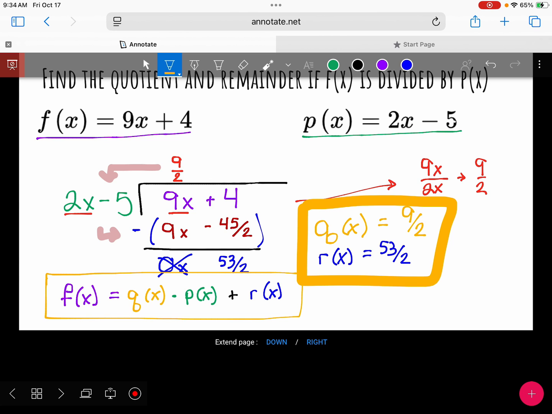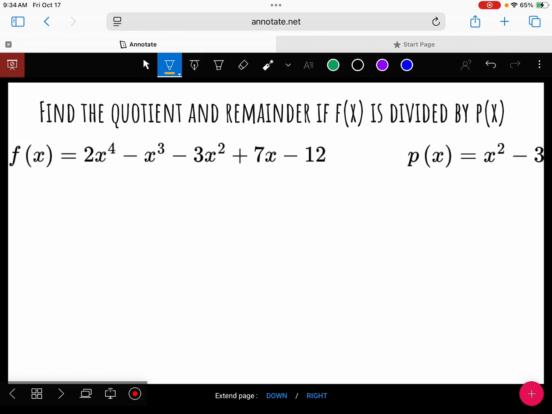The next one's going to be a little bigger. This one will be our last one for today, for sure. We'll stop here.